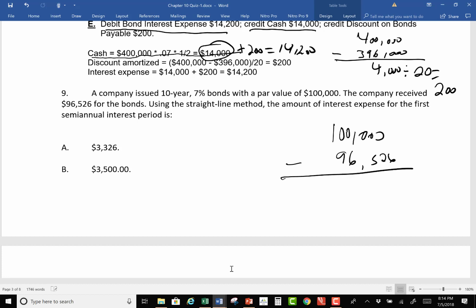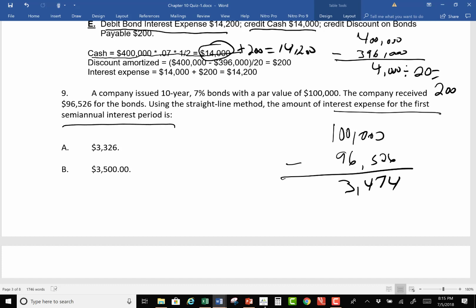That gives me $3,474, like that. Okay. I take that $3,474, and they want the interest expense for the first semi-annual period.